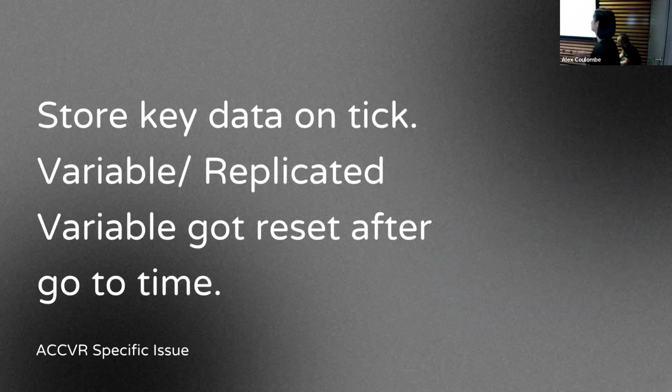If you want jump in time or go to time functionality, you have to find a way to store all that data. In the live show, we were storing all the data on the server because the server is always running and always has the current status. But on a replay playback, you have to store it somewhere. And that's how we use it.